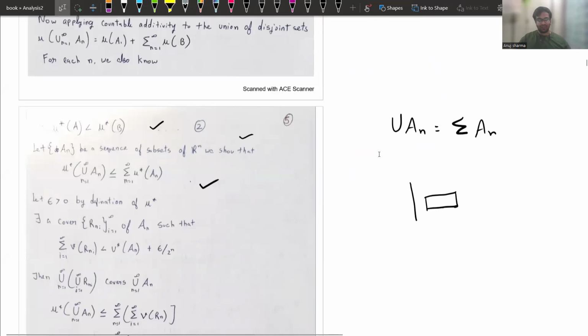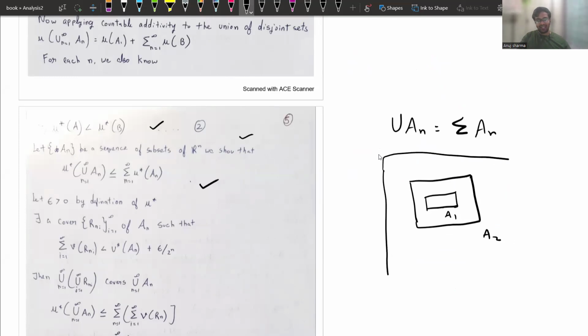So let's take a bigger rectangle and note it as A1. Take a larger rectangle and name it A2. Now take some other rectangle, A3. Like this, you can keep on increasing the rectangles till An, till infinity.